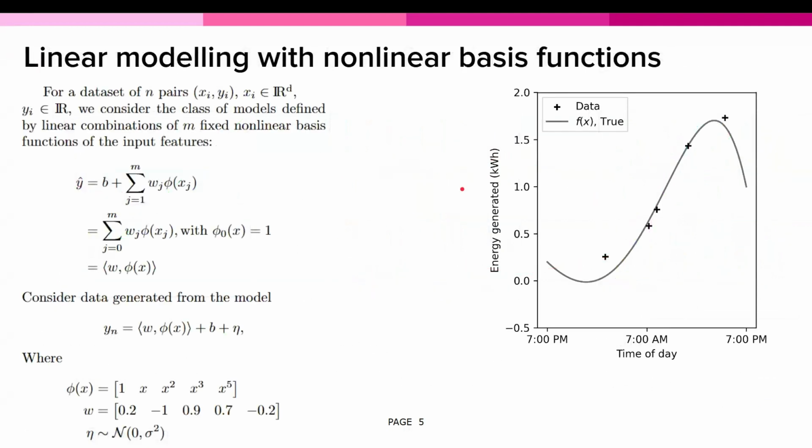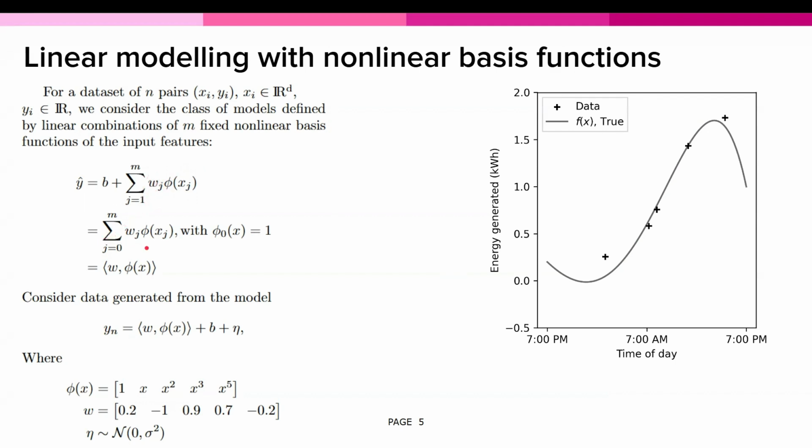So how can we use nonlinear basis functions to model data in a linear regression framework? In general, you'd express your model using a linear combination of fixed nonlinear basis functions of the input features. So phi of x would be our nonlinear or basis function, and then the weights w are the parameters that you would learn.